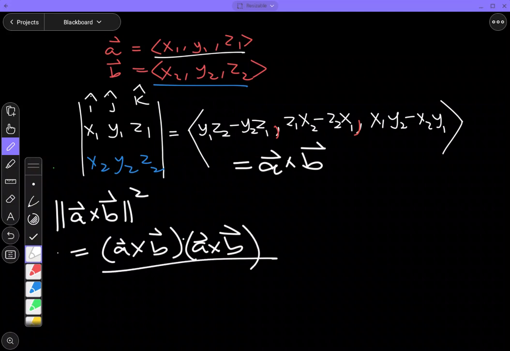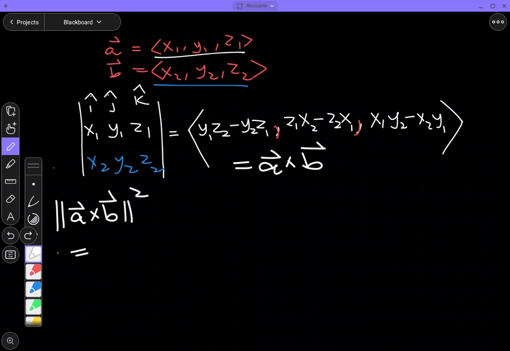And this is just equal to the sum of the squares of the elements of A cross B. So we square this, then add it to the square of this, and add that to the square of this. The algebra is going to be extremely messy, so I'll just put the answer on screen. But what we're basically doing is squaring this, adding it to the square of this, added to the square of this, by essentially taking the dot product.